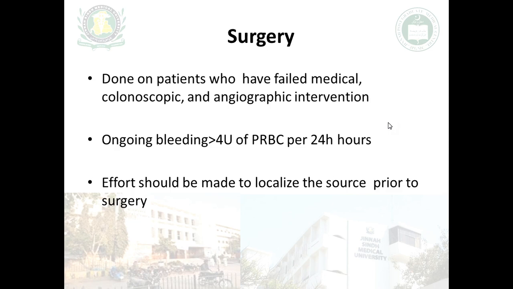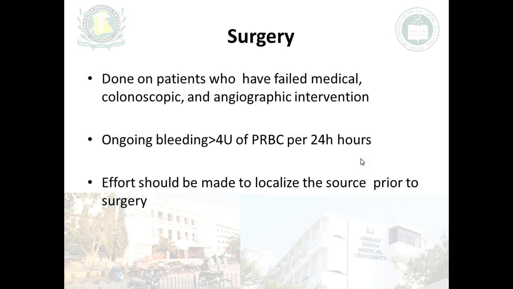Or there's ongoing bleeding which is more than 4 units of blood per 24 hours, meaning you need more blood transfusion. The patient is continuously bleeding and you will have to continuously transfuse the patient, more than 4 units per day, then you should go for the surgery. It's better that efforts should be made to localize the source prior to surgery.